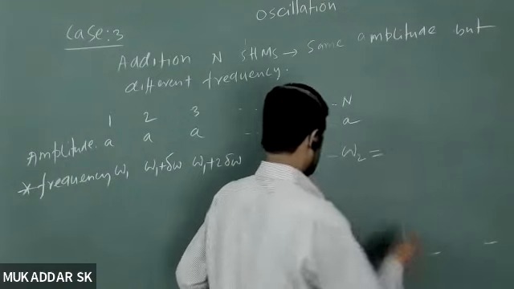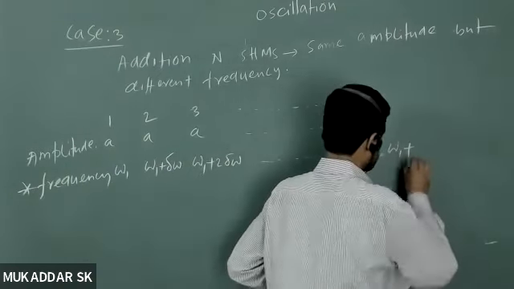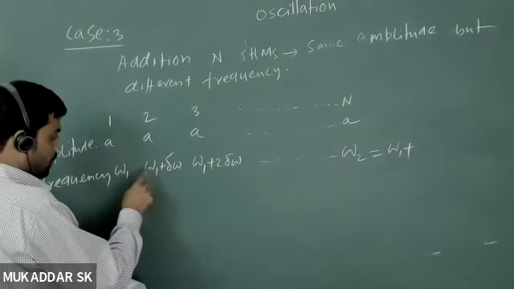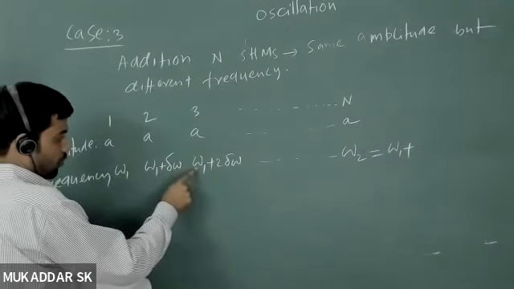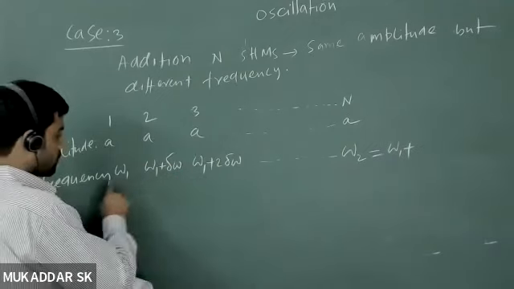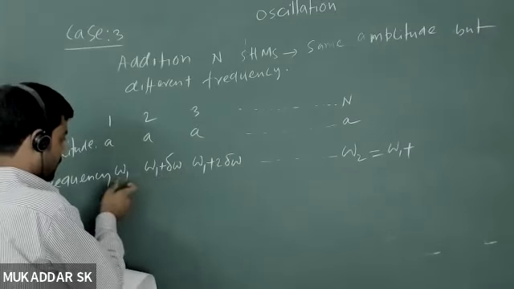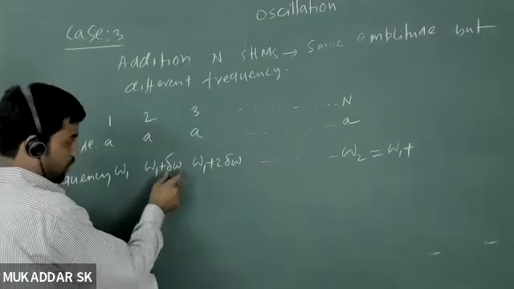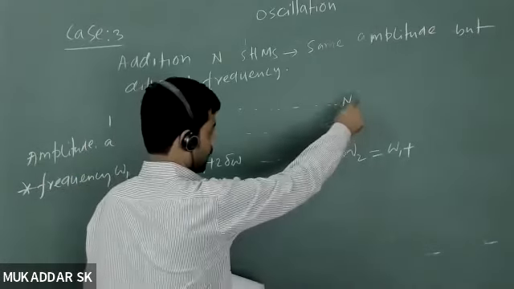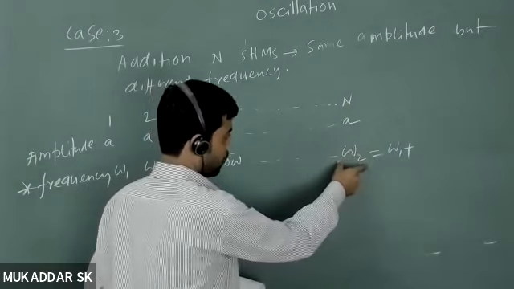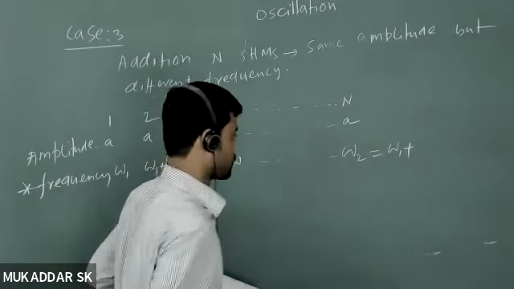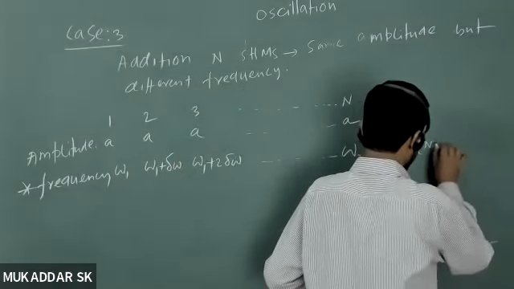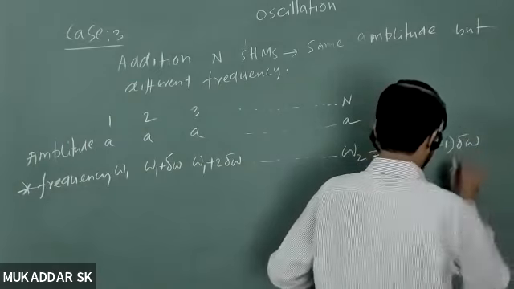You can see this is a kind of AP series, where the initial term is omega 1 and the common difference D is delta omega. So I can write that the last oscillator has frequency omega 2 = omega 1 plus (n minus 1) delta omega, right?